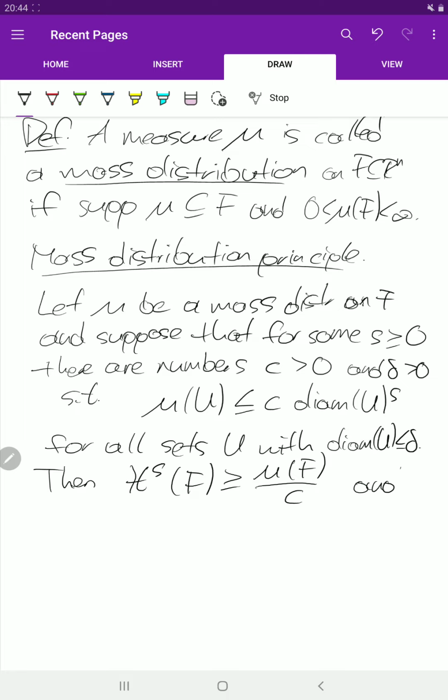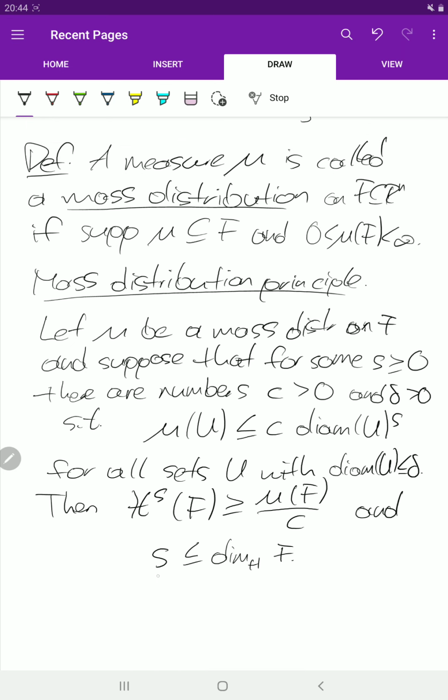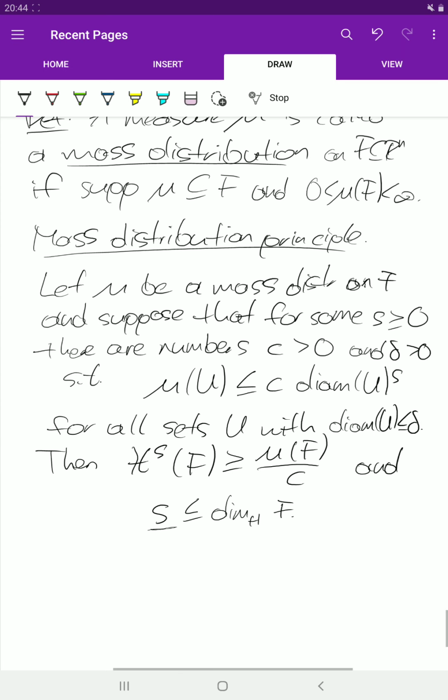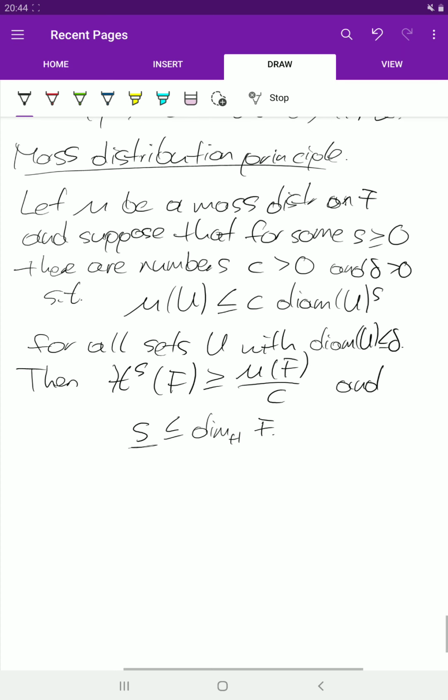And s is at most the Hausdorff dimension. So if we can show this condition for s equal to log 4 over log 3, we have our lower bound for the Hausdorff dimension. So let's first prove this mass distribution principle.